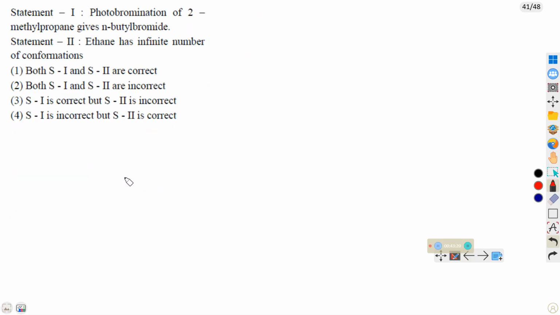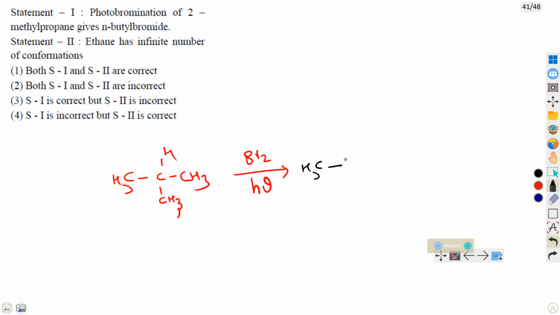Photobromination of 2-methyl propane: meth, eth, prop, with a methyl group at the second position. Photobromination means bromination takes place in the presence of sunlight. It is a free radical substitution.